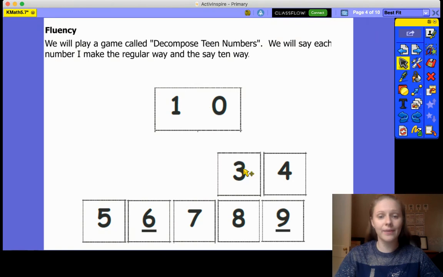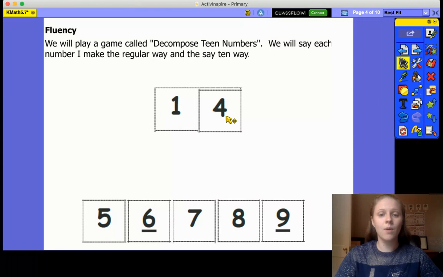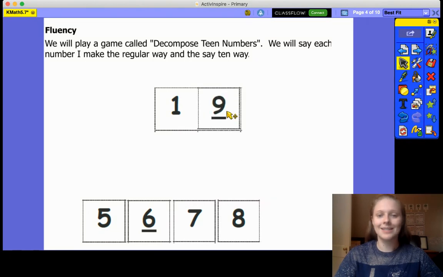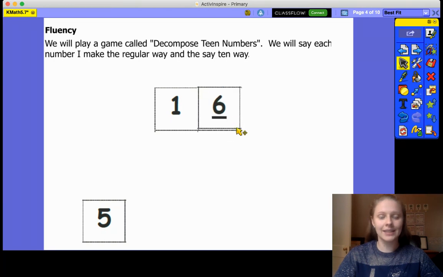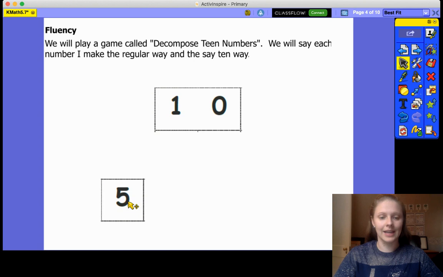Say 10, 3, 13. Say 10, 4, 14. Good. Oh, mixing it up. 10, 9, 19. 10, 8, 18. 10, 7, 17. 10, 6, 16. And 10, 5, 15.